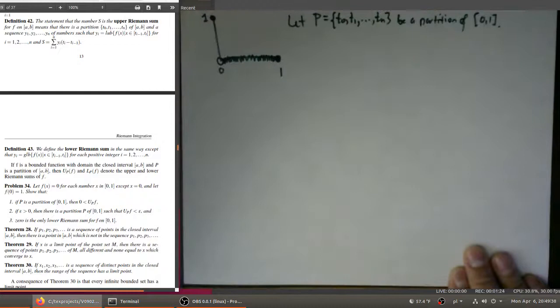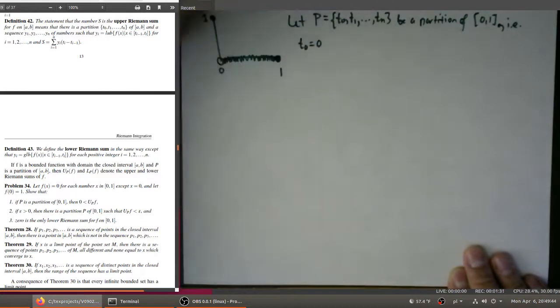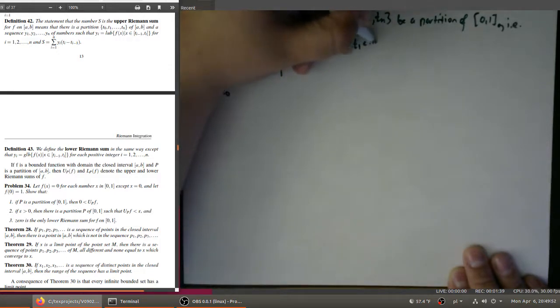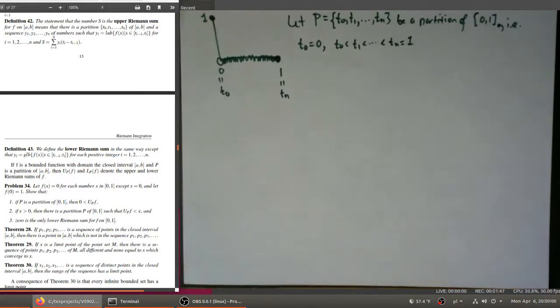What that means is that the t0 we pick is the left endpoint. It's 0. Then t0 is less than t1 is less than so on and less than tn, and tn is 1, the right endpoint. So we have so many points in between, and we have a left one and a right one.